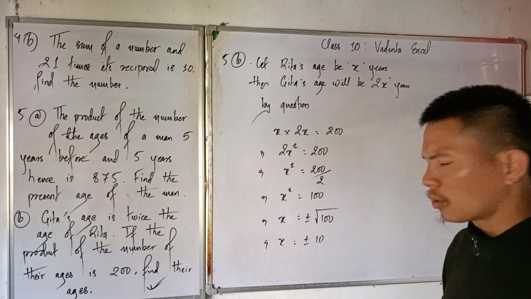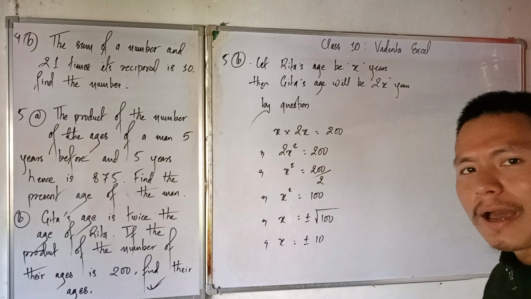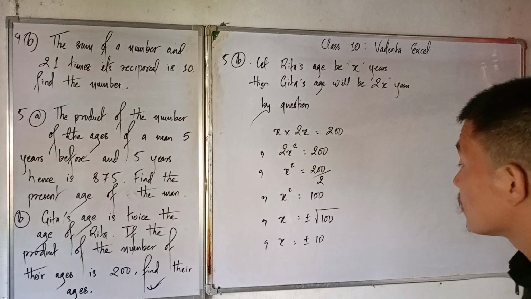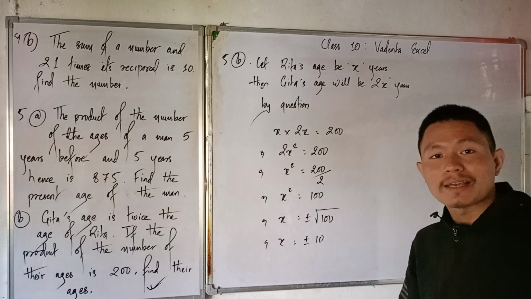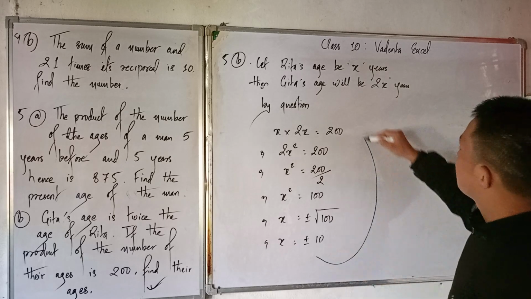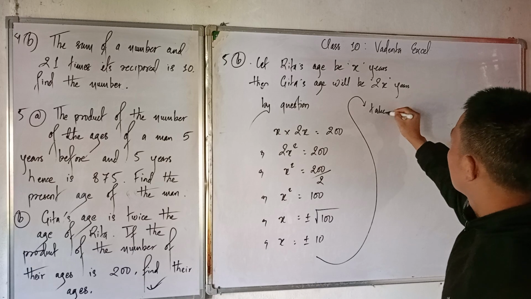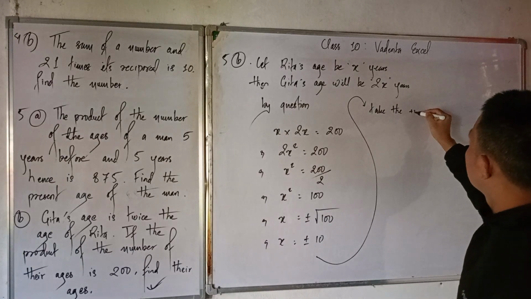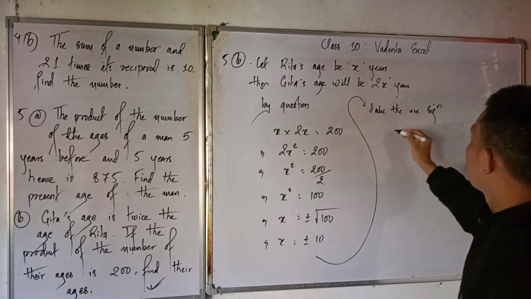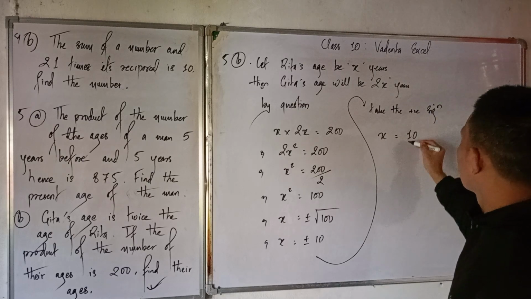Just like I explained earlier, ages cannot be expressed in minus sign, so you negate the negative sign and take the positive sign. You will get the value of x as 10.